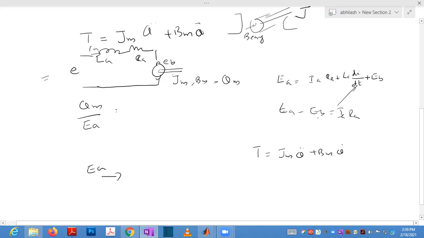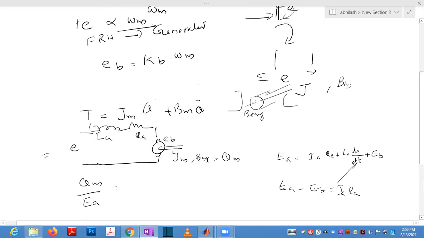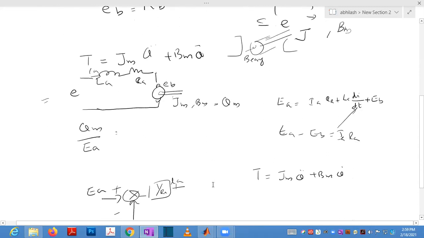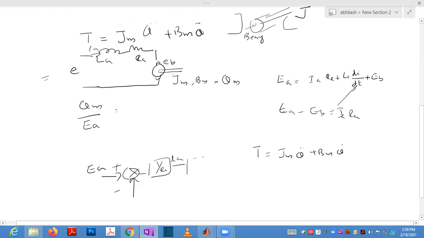Dividing by Ra gives you Ia, and Ia multiplied by Kt gives you the torque. That torque acts on these things, and 1 by Js squared plus Bs gives you theta.